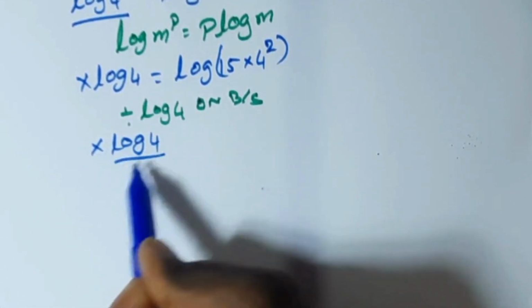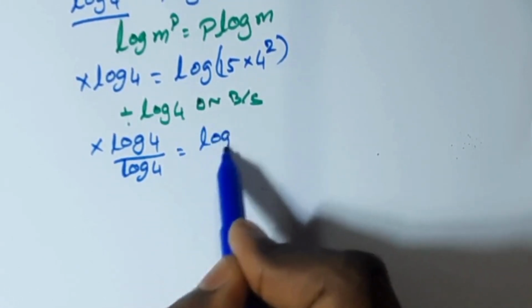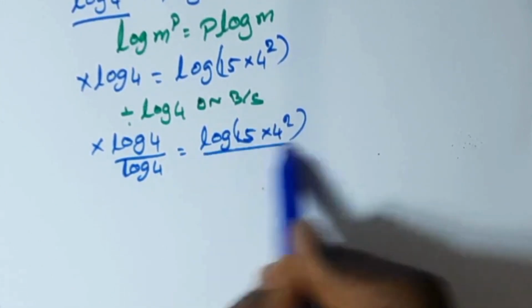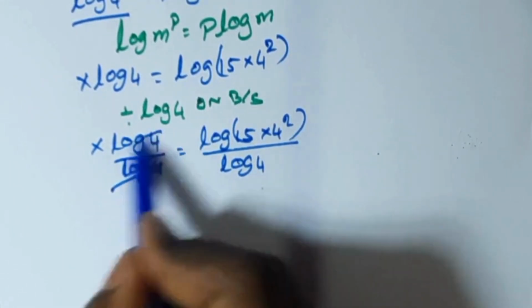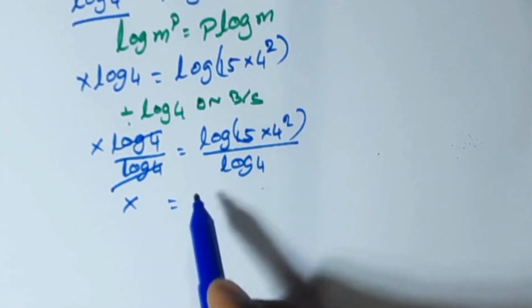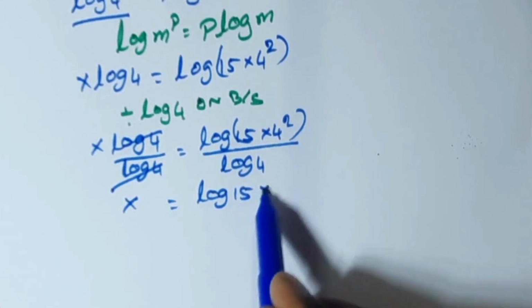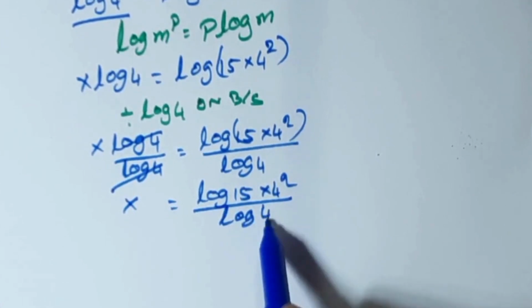Log 4 by log 4 equal to log 15 into 4 square by log 4. This log 4 cancels this. X equal to log 15 into 4 square by log 4.